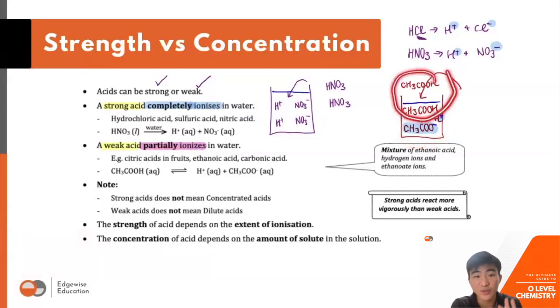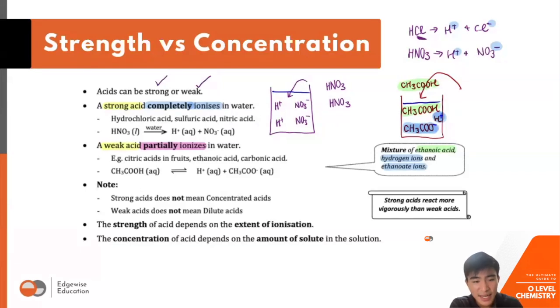So at the end, I will have a mixture of ethanoic acid, which is this CH3COOH, hydrogen ion, which is this H plus over here, and this is an ethanoate ion.